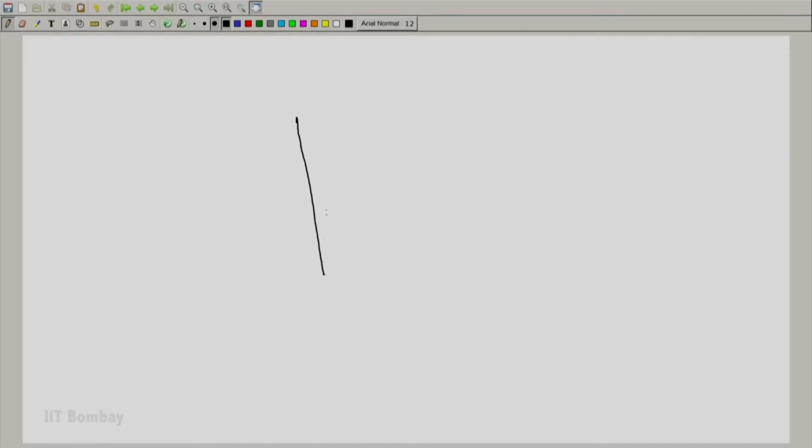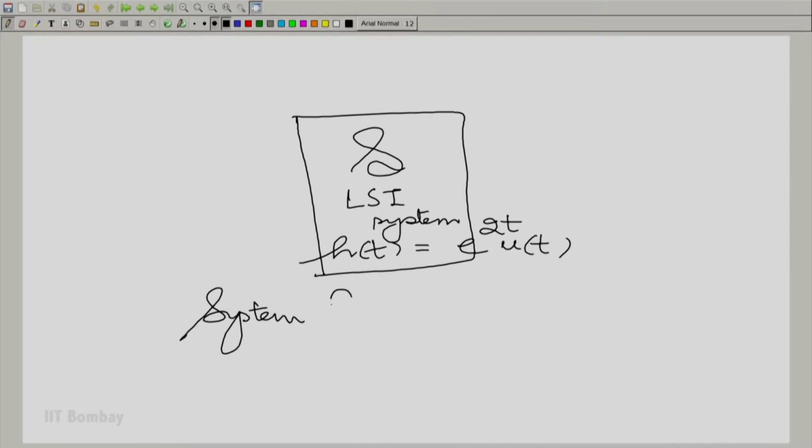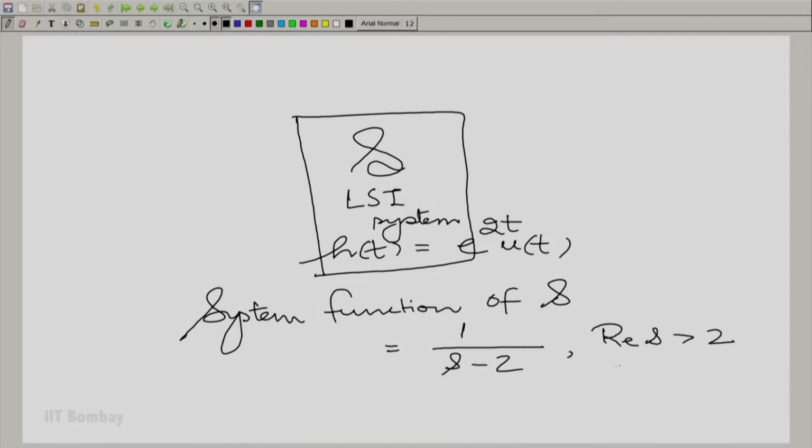So, for example, suppose we had a linear shift invariant system S with an impulse response h(t) equal to e^(2t) u(t), then the system function of this LSI system would be 1/(s-2) with the real part of s greater than 2.